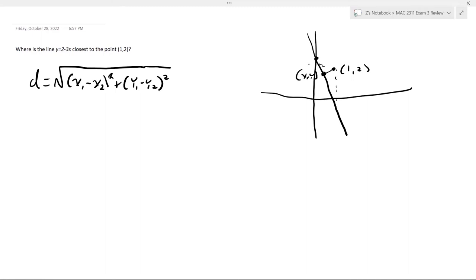You can figure that out any way you want, but basically, if you think about it, it's the distance between the x values and the distance between the y values, and it's the Pythagorean theorem that's involved here. That's why it looks like this, okay? This is the distance formula, and the distance between these two points is what we're trying to minimize.